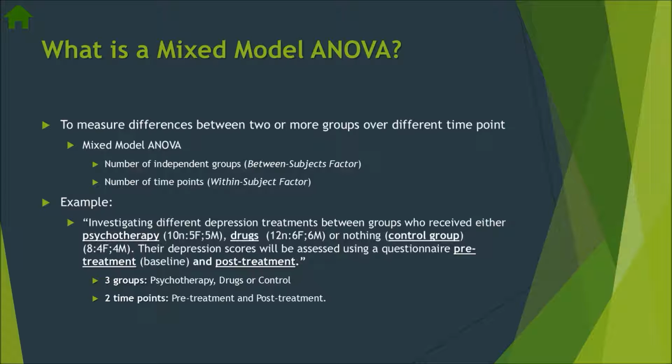So in this example, the between-subjects factor is the treatment that the participant receives, so we have three different groups: psychotherapy, drugs, and control. And for the within-subject factor, we have two different time points, or two repeated measures, which are pre-treatment and post-treatment.